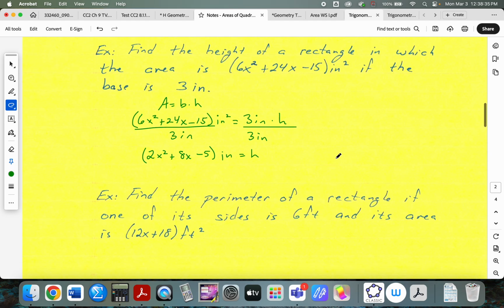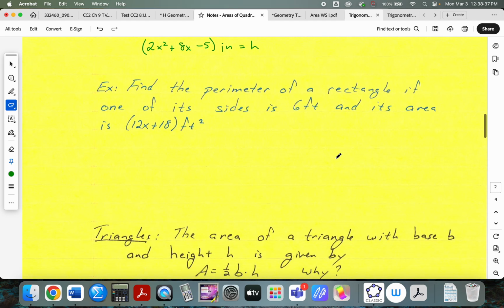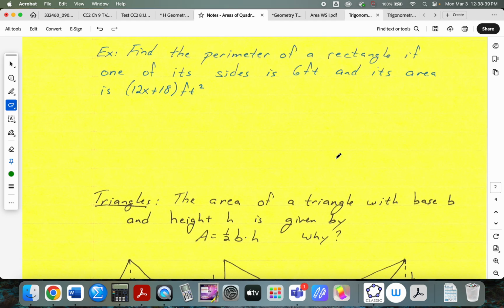All right, let's try another one. Find the perimeter of a rectangle if one of its sides is 6 feet and its area is 12x plus 18 square feet. Well, we know that the area for any parallelogram, and that includes rectangles, is base times height.